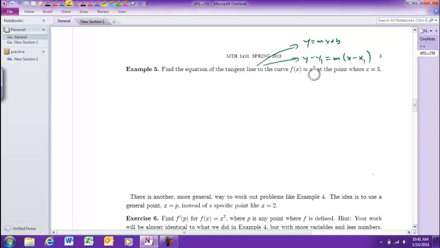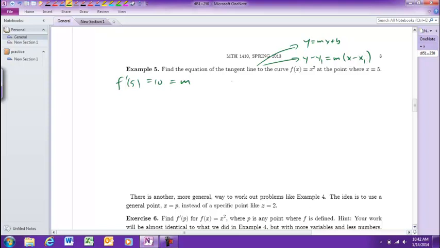So this was the x squared at the point x equals 5. That was what we just found. So f prime of 5, that's equal to 10. That's equal to m. It's equal to the slope of the line for the tangent line. So what we just calculated in the previous example is this m value. I'm going to use the point slope formula here.